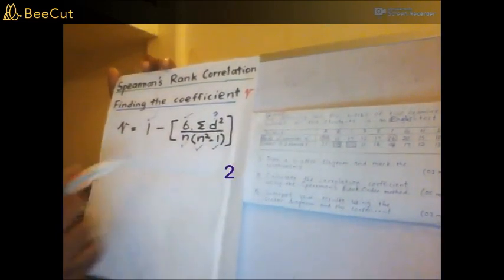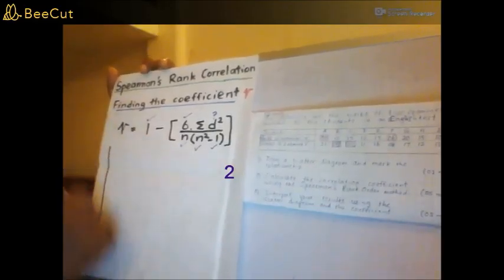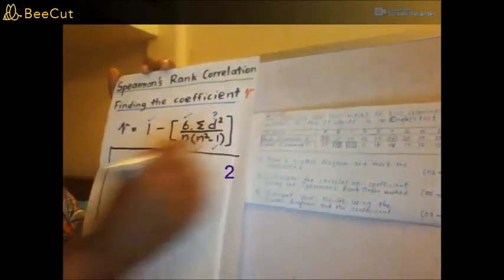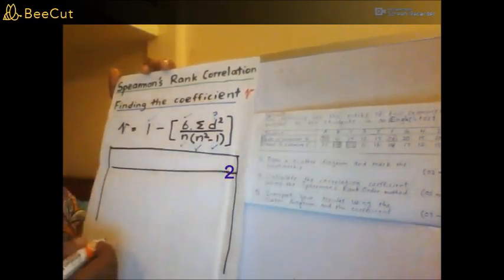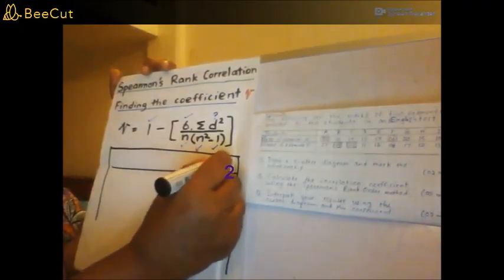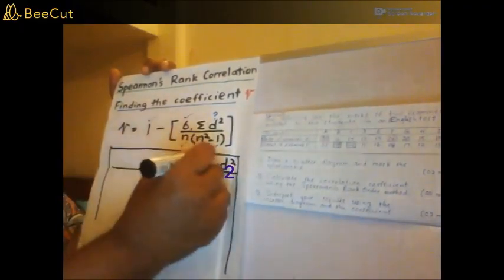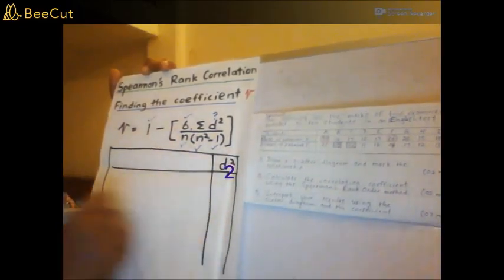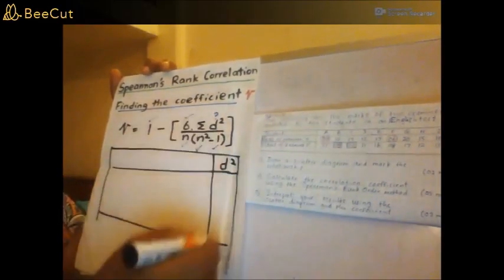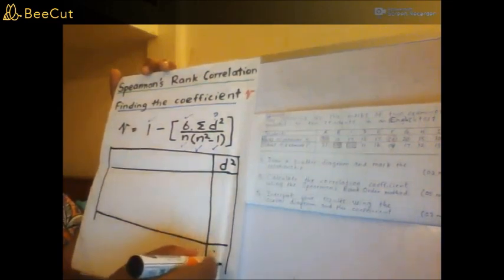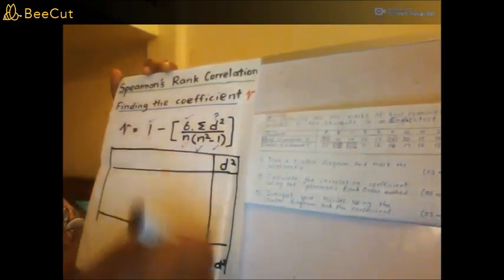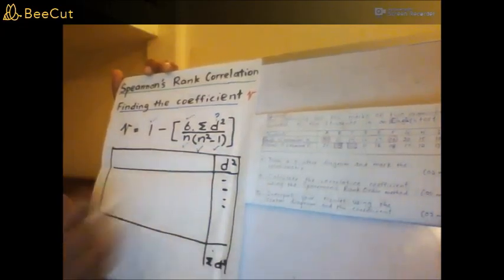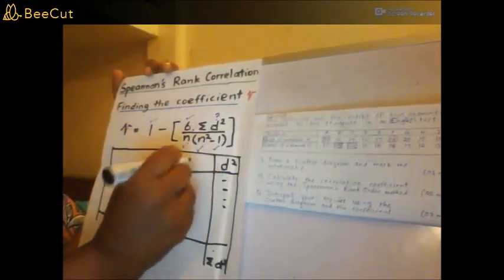So we have to draw a table as usual. We need to find d squared. It should be a column, and then we have to get the total of summation d squared. You add all these values and get summation d squared. Then we have to find what this d is.